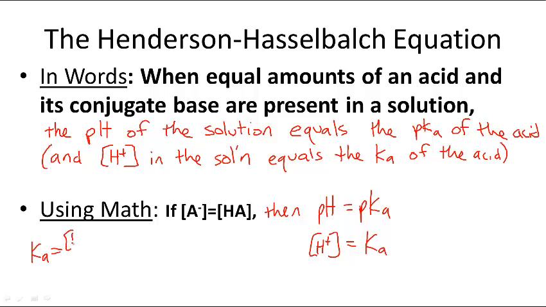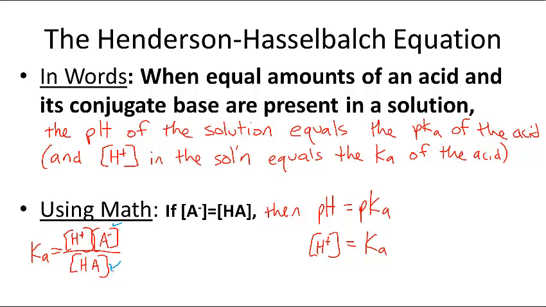Ka equals concentration of H plus times concentration of A minus over concentration of HA. If these two things, A minus and HA, are equal, then they're going to cancel out and we can see Ka equals concentration of H plus.